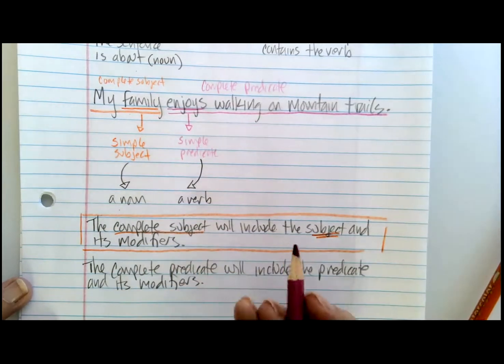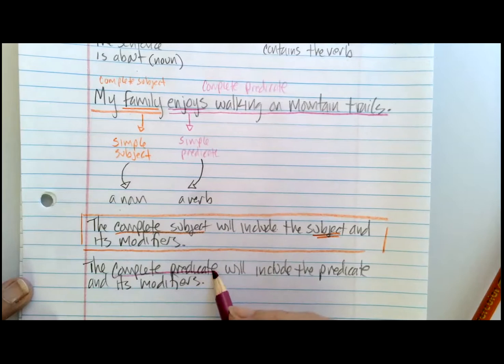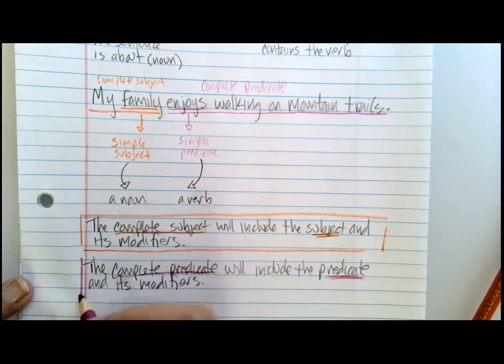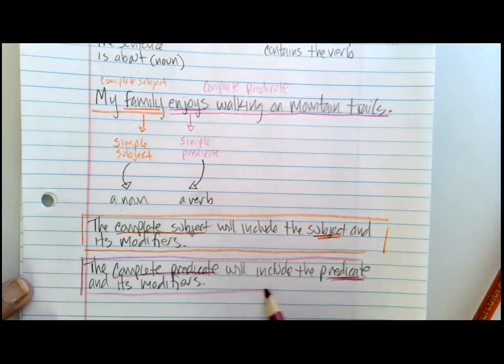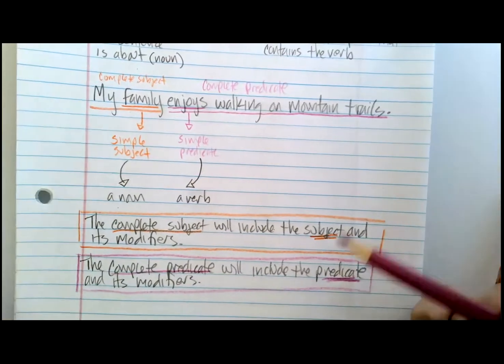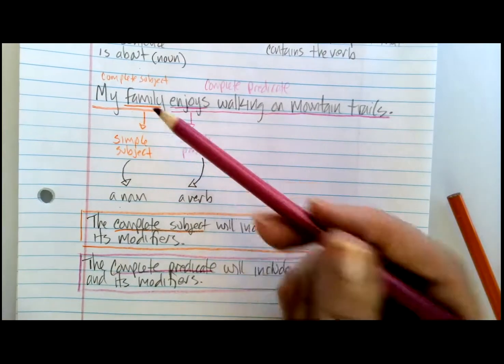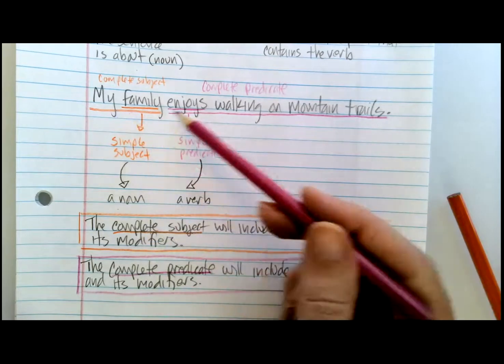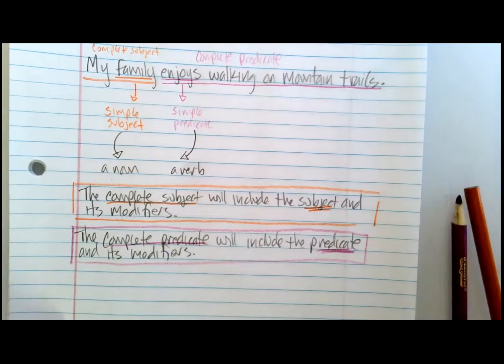Okay, and then we're going to go ahead and do our color coding. Now you probably noticed already that the double underline correlates with what we have here and the single underline correlates with what we have here as well. So it all kind of comes together.